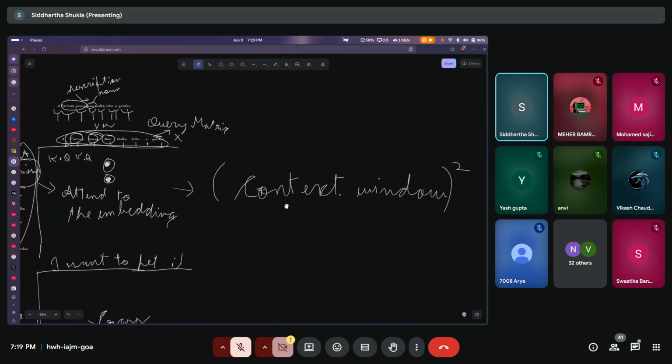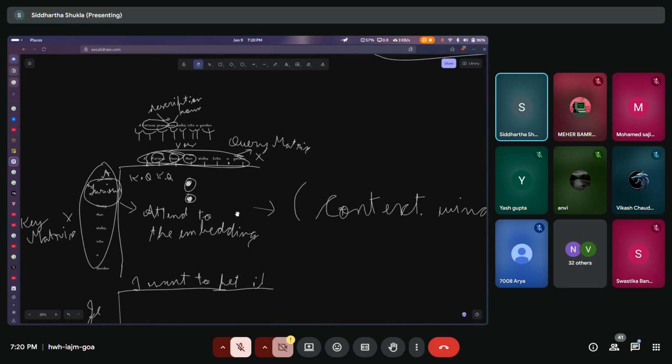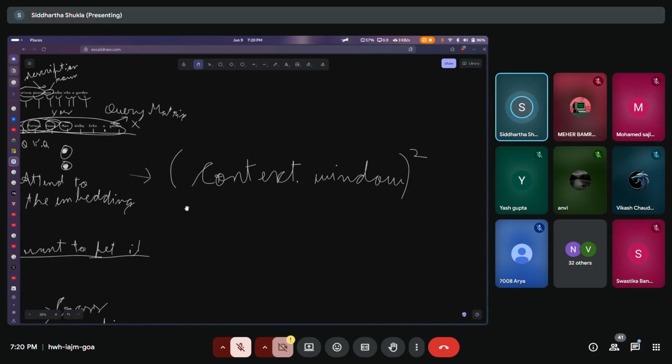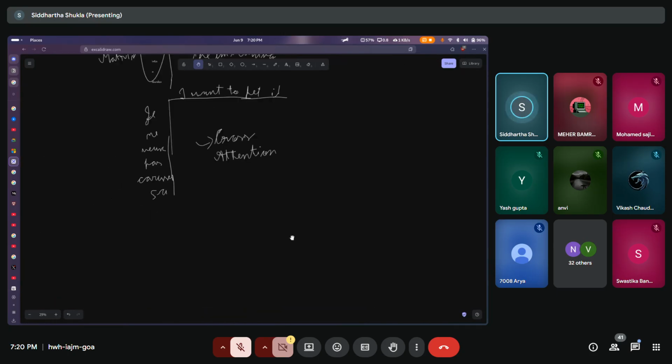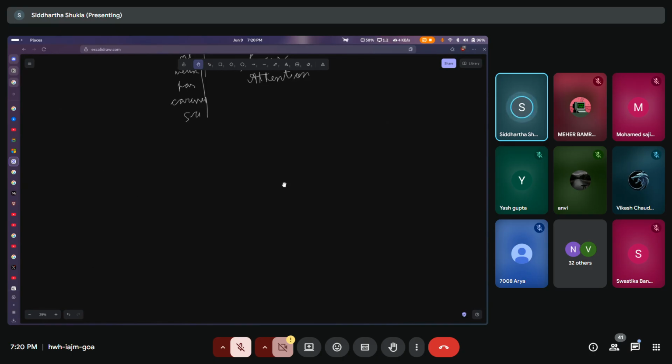So the number of tokens the LLM looks at simultaneously is squared when we have to compute the attention. You can see how steeply attention scales with respect to context window. The size of the matrix of the attention block is equal to the square of the context size.